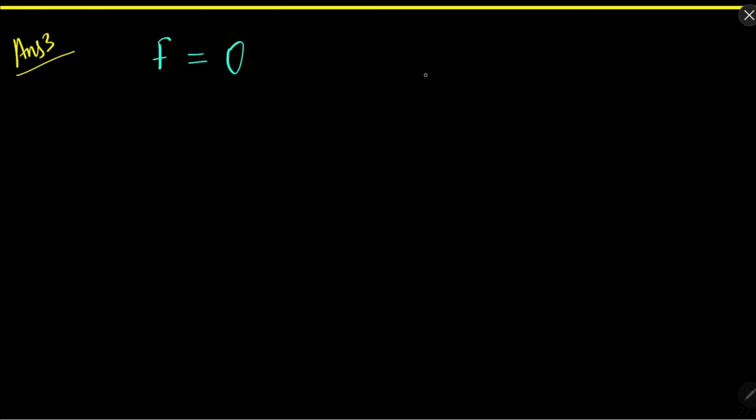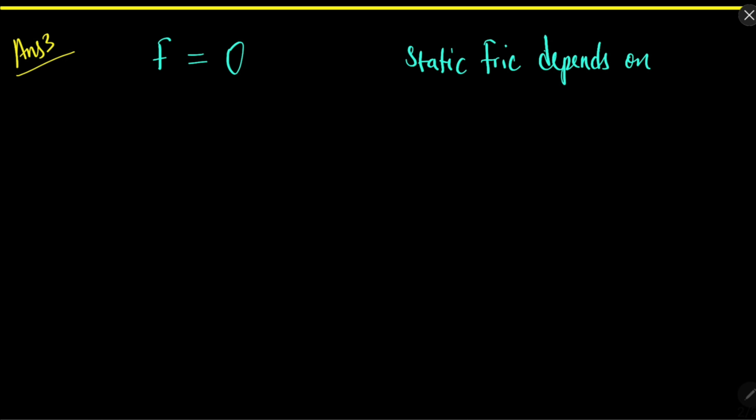Why? Because we know that the static frictional force depends on the external applied force. So let's say if the external force is 1 Newton, then the static frictional force can be 1 Newton. If the applied force is 2 Newton, then the static friction can increase up to 2 Newton.